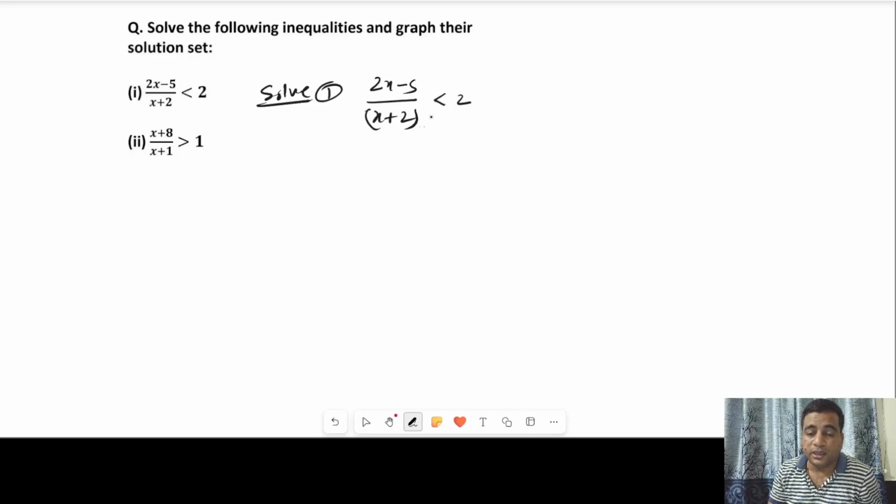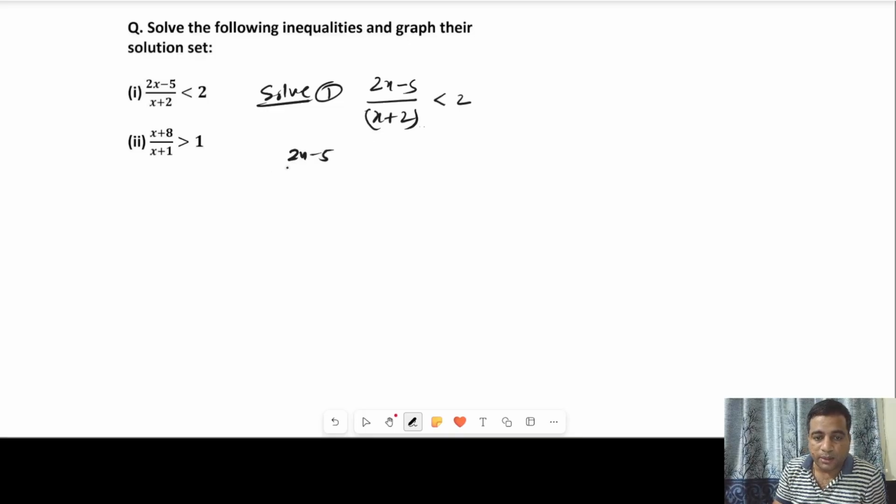It will be completely wrong. For this type of question, you cannot transpose the variable part. Here x plus 2 is the variable part, so you cannot transpose it. But 2 is the constant, so 2 you can transpose towards the left.